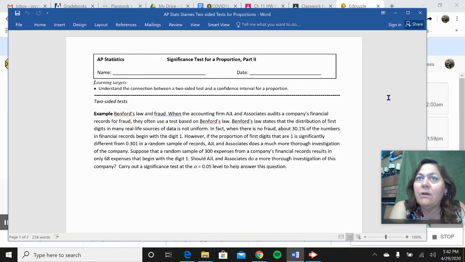All right, so we're going to continue on with significance testing for a proportion. And here's your problem. We're going to do a two-sided test this time. We did one-tailed yesterday, I believe. So Benford's law and fraud: when the accounting firm audits a company's financial records for fraud, they often use a test based on Benford's law.